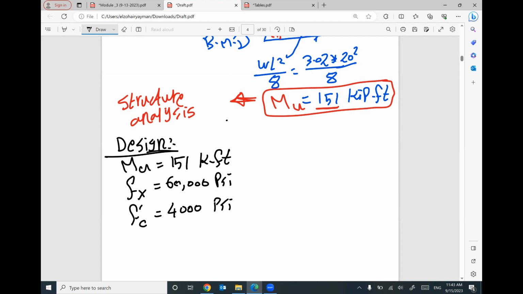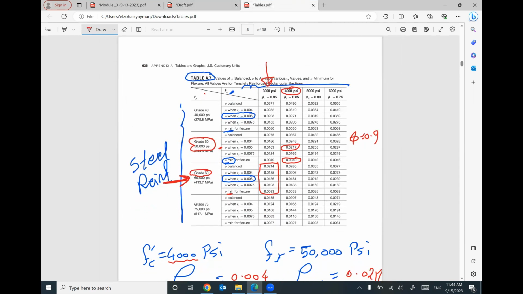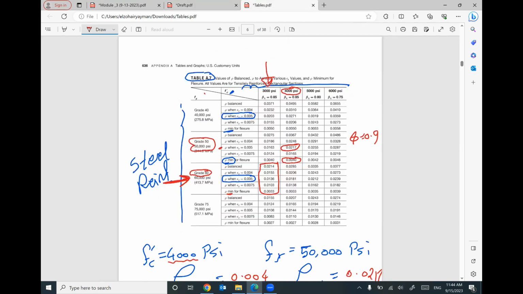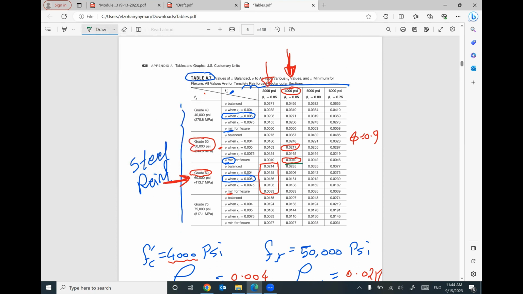I will start with these two pieces of information to figure out what is the rho minimum and the rho maximum, to make sure your design is good. So I will open the table with Fy 60,000 and f prime c 4,000. This is the column for 4,000 f prime c. This is the table for 60,000. So I need to use these values.